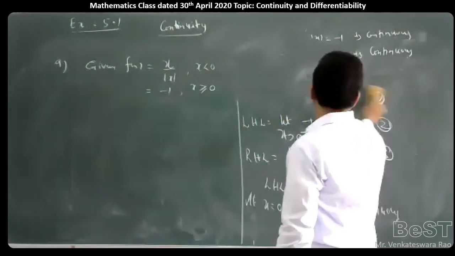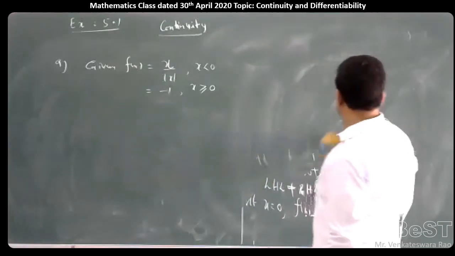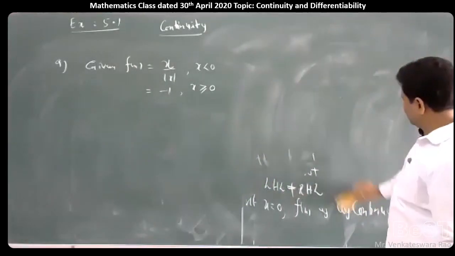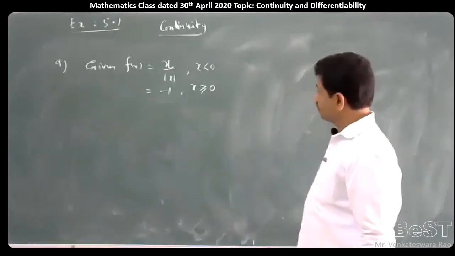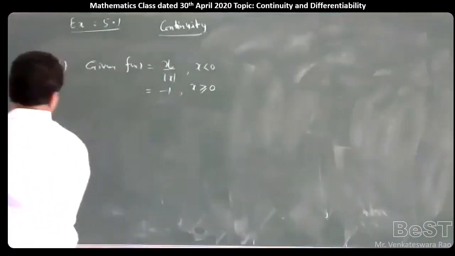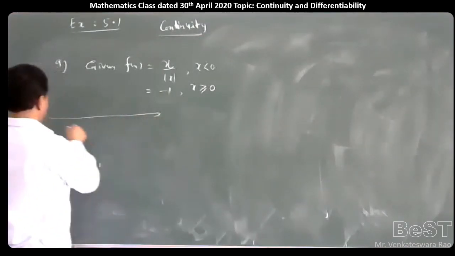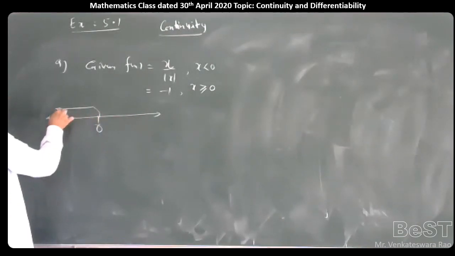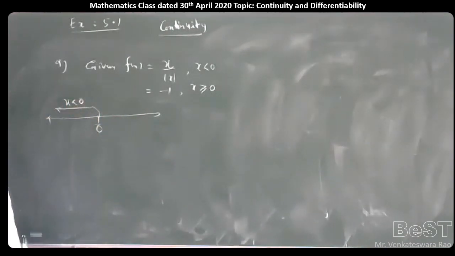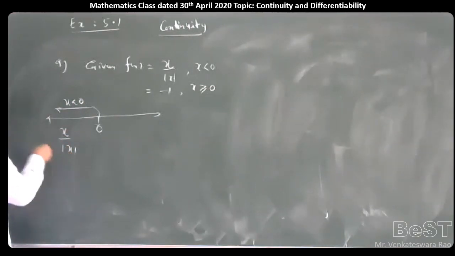So first, analyzing this function on the real line. When the x value is less than 0, what is given to us? f of x is equal to x by mod x.